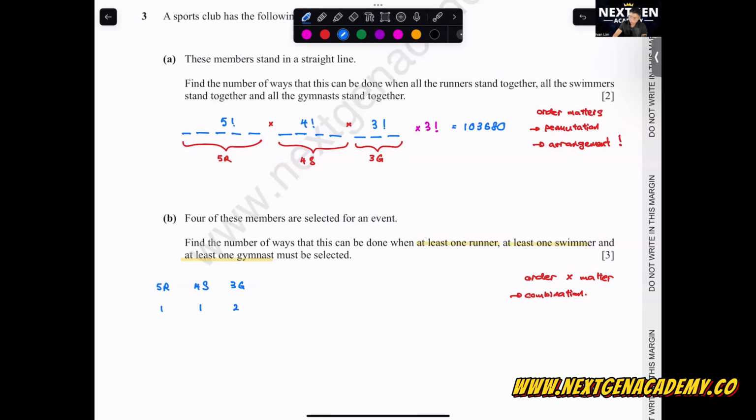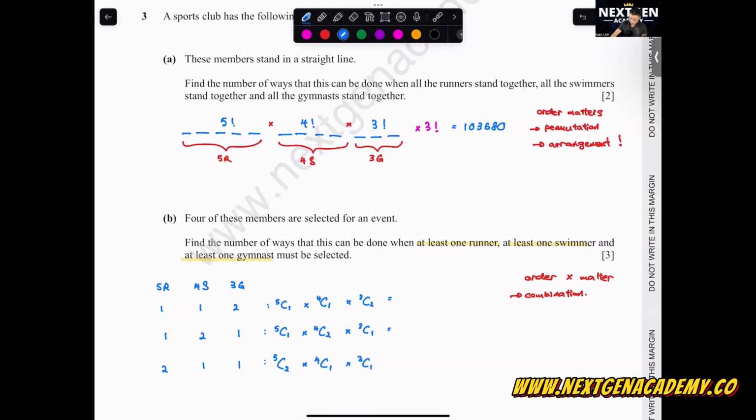So can we say it's 1, 1, 2; 1, 2, 1; 2, 1, 1. Any other ways? I think these are the three ways. So we write down the combination calculation for all of these: 5C1, 5C1, 5C2 times 4C1, 4C2, 4C1 times 3C2, 3C1, and 3C1.